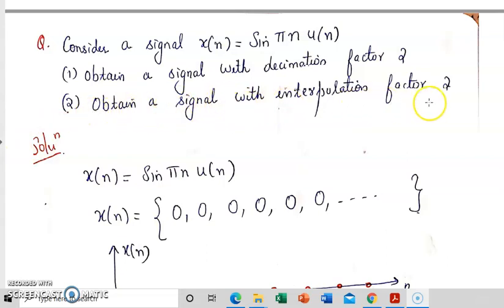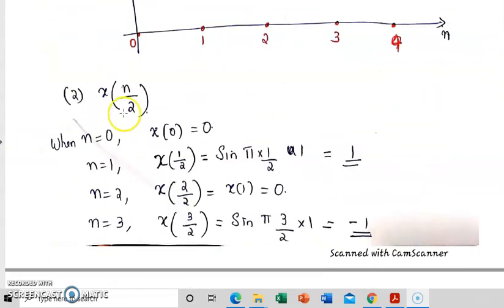Next, the second part is to obtain a signal with interpolation factor 2. So the interpolated or upsampled signal is represented by x of n by 2. Now on substituting different values for n, when n is equal to 0, we have x of 0, which is 0.